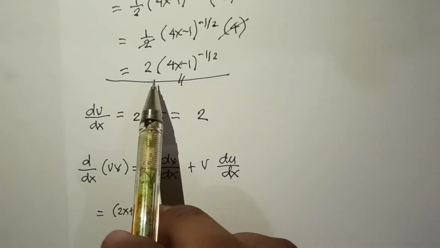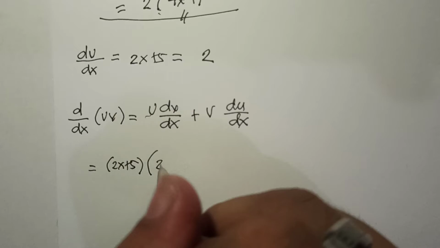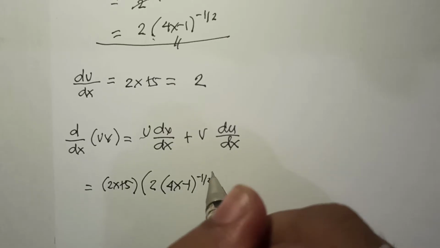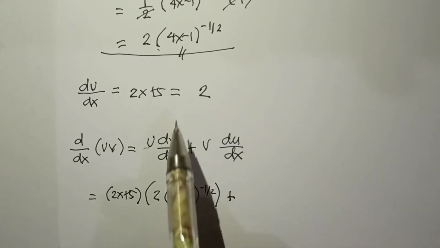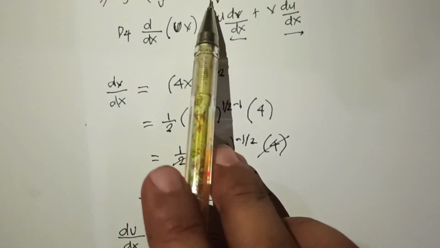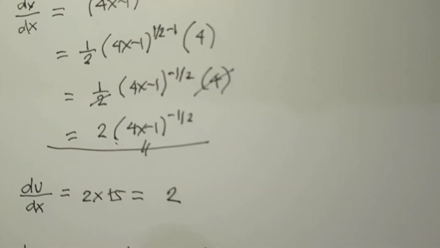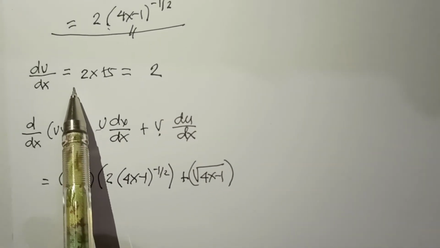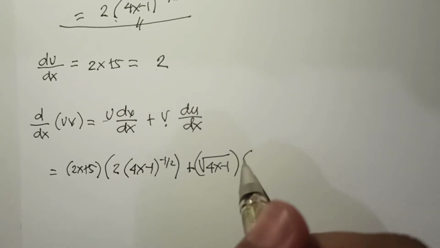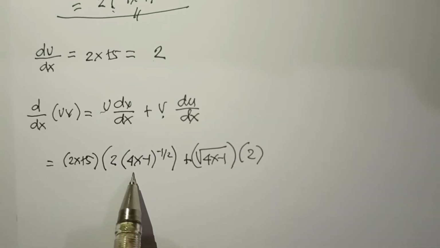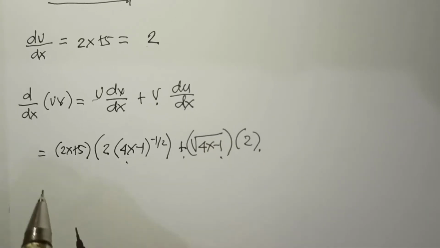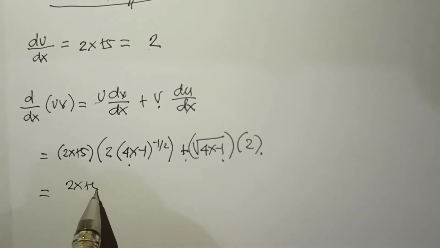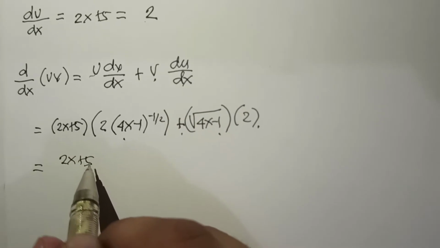And what is our dv? We have to copy this first: 2 times 4x minus 1 raised to negative 1/2, plus we have to copy v. The assigned v is the square root of 4x minus 1 times the derivative of u, which is 2. So we have u dv plus v du. Next we have to equate this. So we have 2x plus 5 times 2.